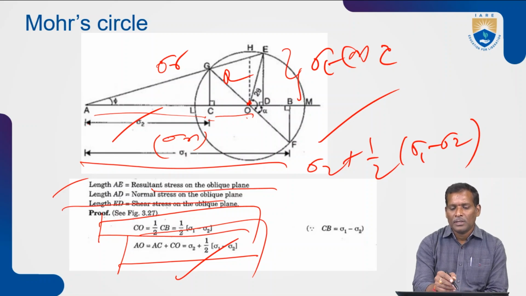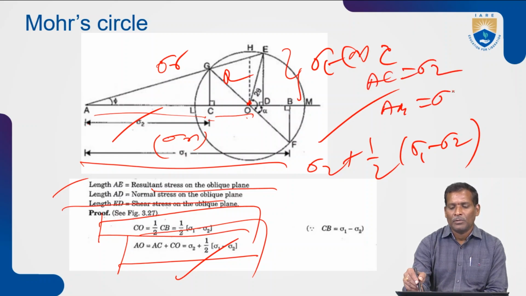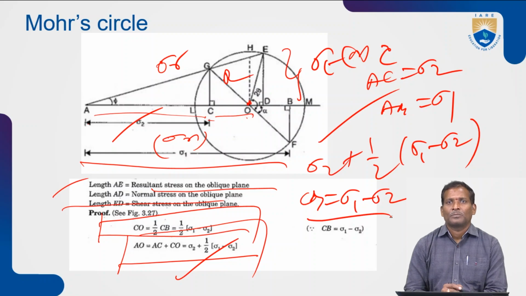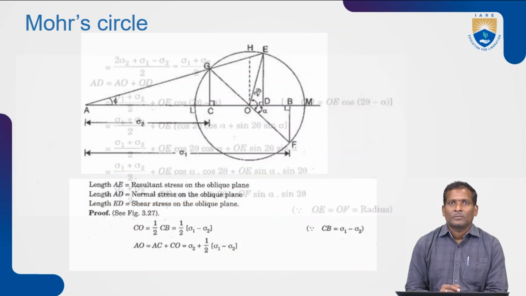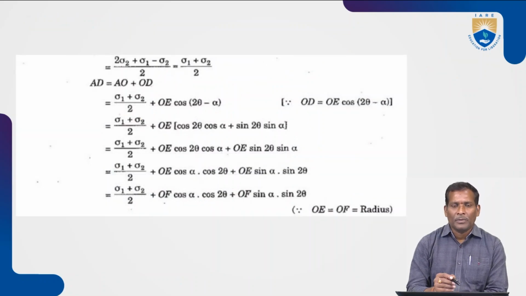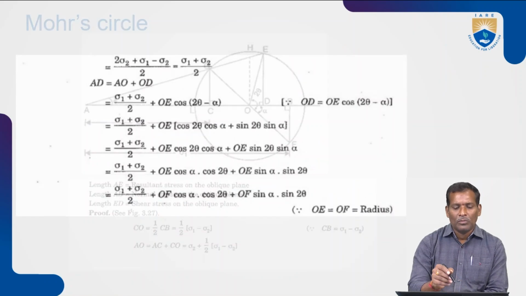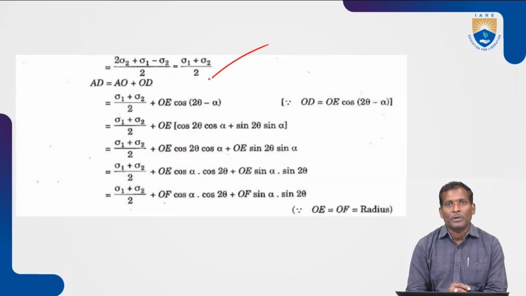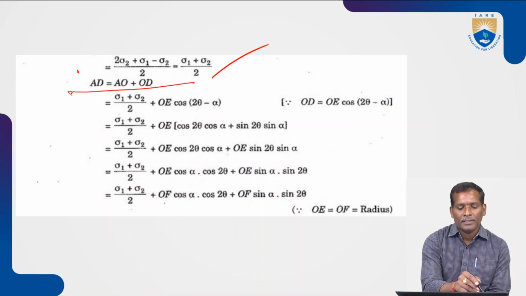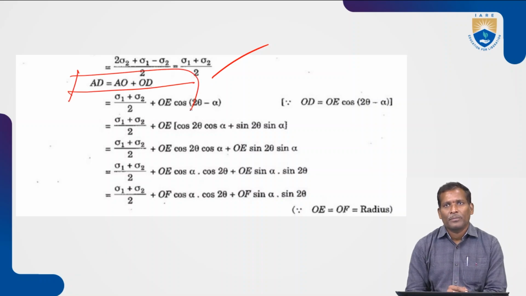Why? Because AC is sigma 2 and AB is sigma 1, so CB is sigma 1 minus sigma 2. From this equation, you can write AO as sigma 1 plus sigma 2 by 2, and AD is AO plus OD.